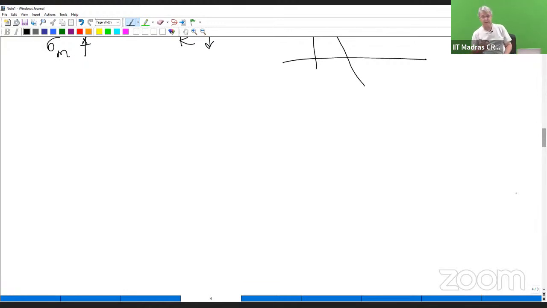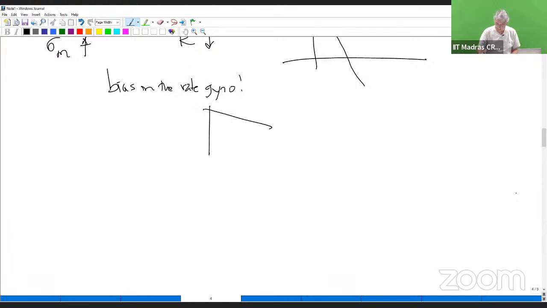So let's now go back to the case of the rate gyro and the heading. But now suppose you have some bias in the measurement of the rate gyro, right? So there's bias in the rate gyro. So this system is not going to work nicely now.